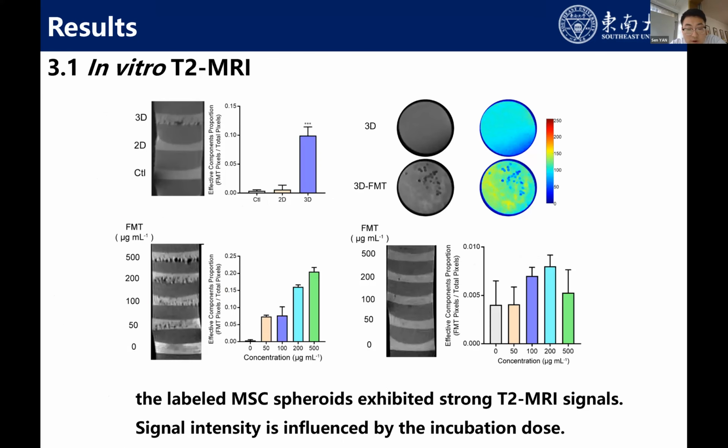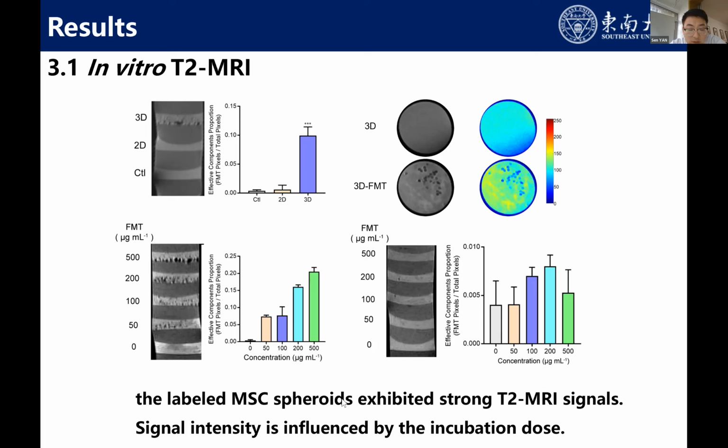Then we performed the in vitro MRI of magnetic spheres. In this figure, we can see obvious dark T2 MRI signals, and the intensity is influenced by the concentration of ferumoxytol.